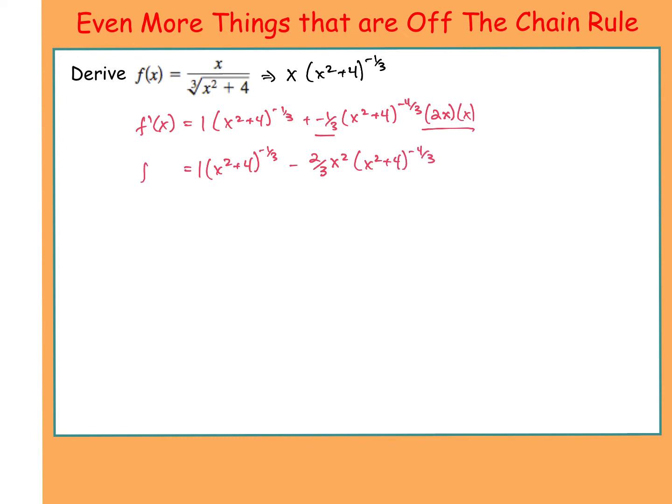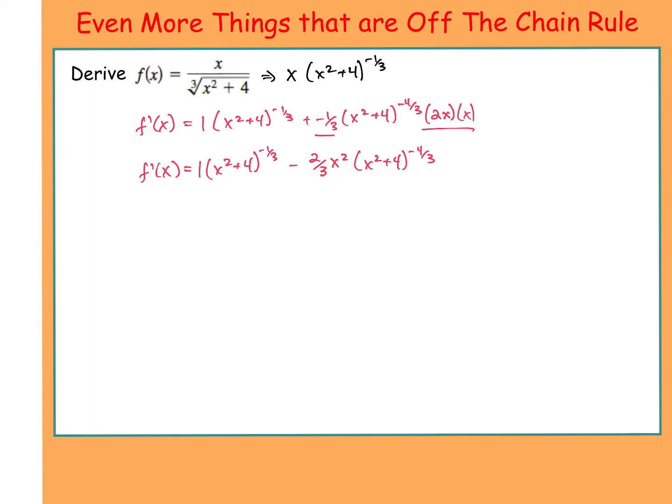Now, there's a couple things that you probably don't like about this one. Let's talk about those couple things. What are the couple things that you probably don't like? The 1? Okay, I don't think that is really too bothersome, but I have a 1 and I have a negative 2/3. So what's going on here? I got a fraction, right? And so I don't want the fraction to work with it.